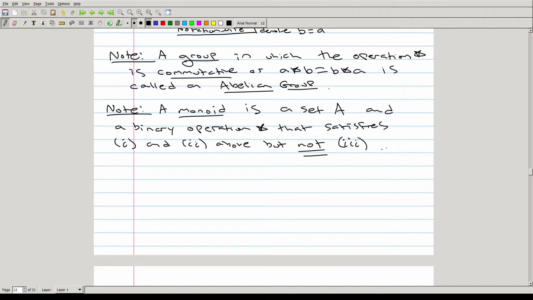So we don't necessarily have inverse elements in a monoid.